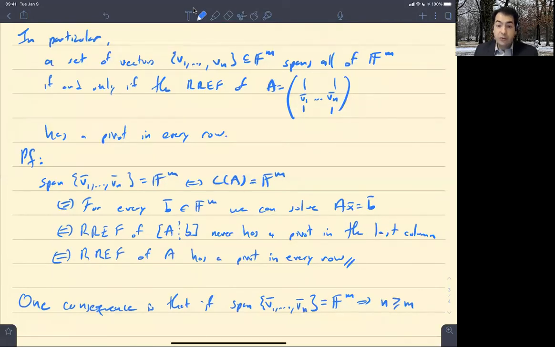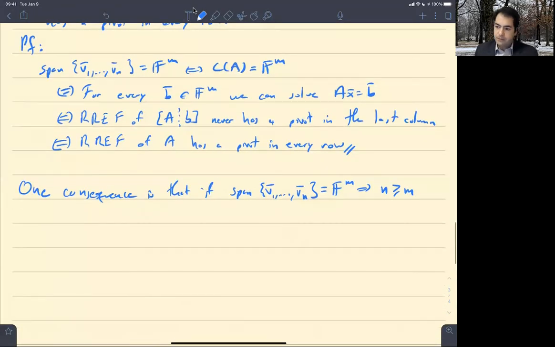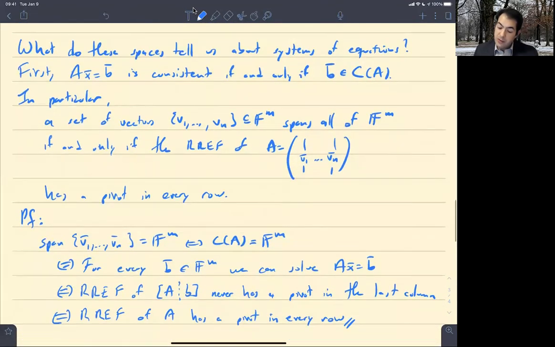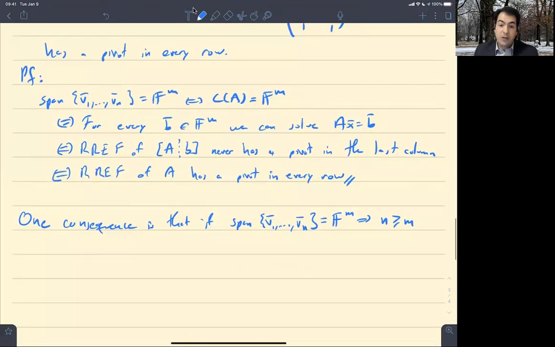If you're going to span R3 with some vectors, you're going to need at least 3 vectors. Okay, so that's the first thing that we know about systems of equations. If AX is equal to B is consistent, then B is in the column space.